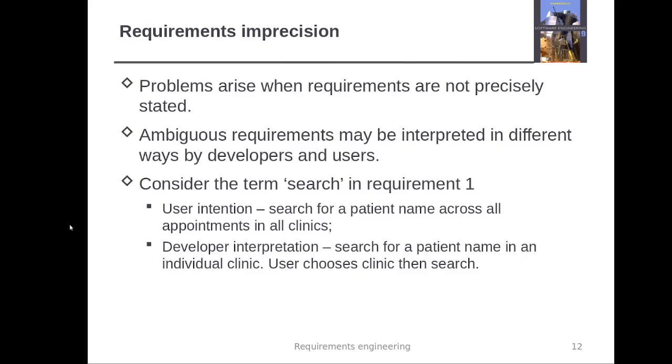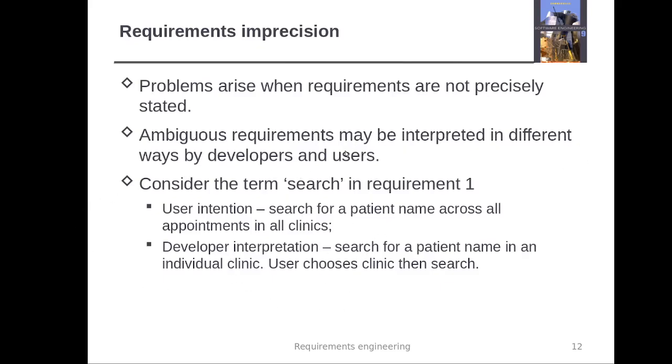The user who said we need to search for the appointment was understanding that it will search for appointments in all clinics. However, the developer understood that we have to search in any one of the clinics, and the user can choose in which clinic to search. So this is ambiguity.